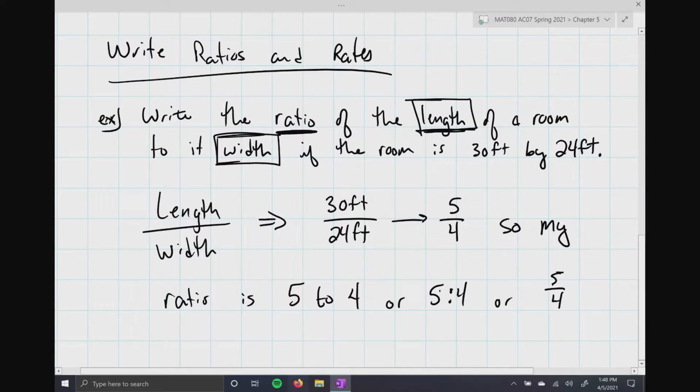And there's our final answer. So my ratio is going to be, and I wrote it in all three ways, 5:4, or 5 with the colon 4, or 5/4, 5 divided by 4, which I prefer the fraction way because we're always dealing with fractions anyways.